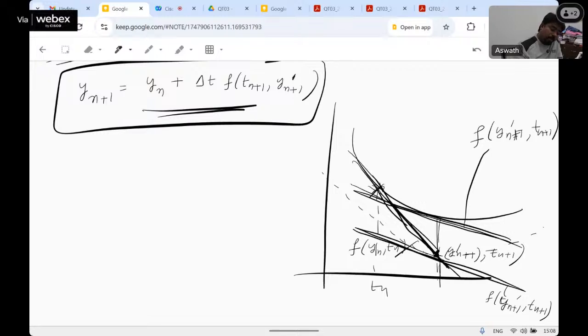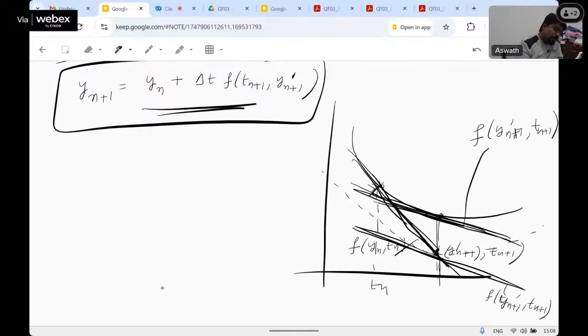When I take this part and multiply by delta t, I would get very close to the curve. So this is a slope; you multiply it by delta t and then add that newly obtained correction to y n, and you will get y n plus 1.